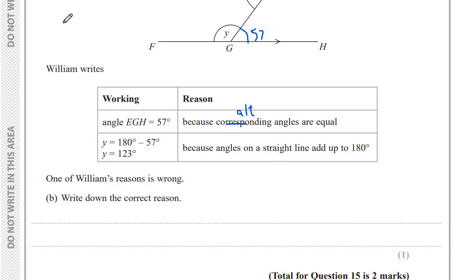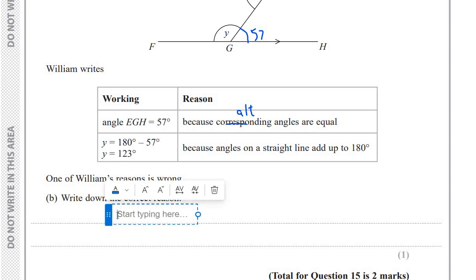Write down the correct reason. Well, the correct reason should be: angle EGH is equal to 57 degrees because alternate angles are equal.